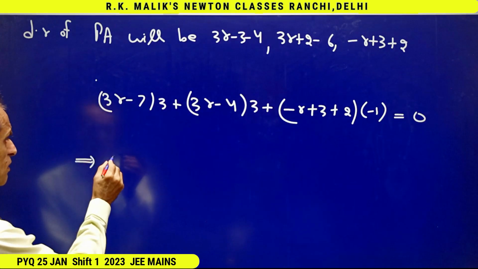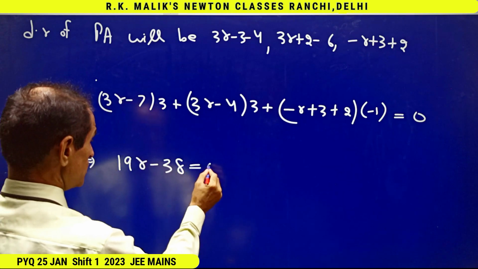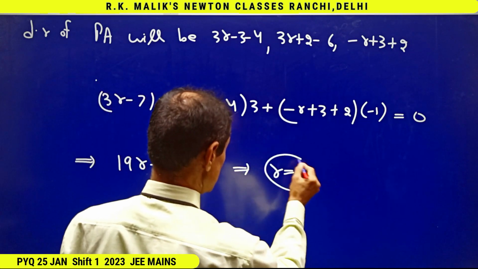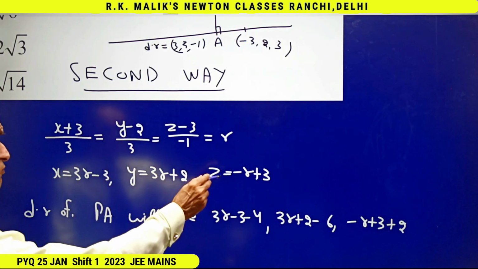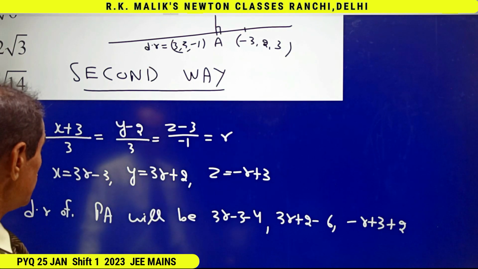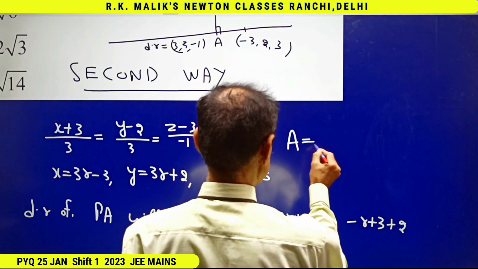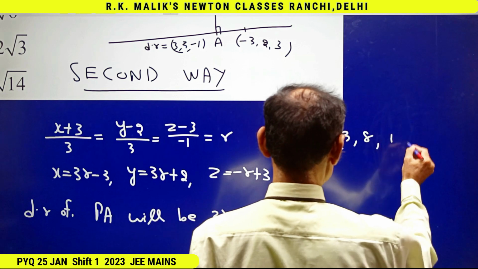This implies that 19R minus 38 equal to 0, that is the value of R is 2. Hence, because these were the coordinates of the point A and we have got the value of R as 2, I can say A equal to 3, 8 and 1.